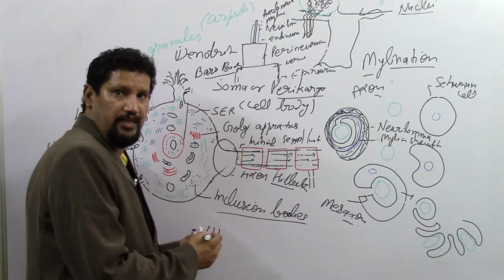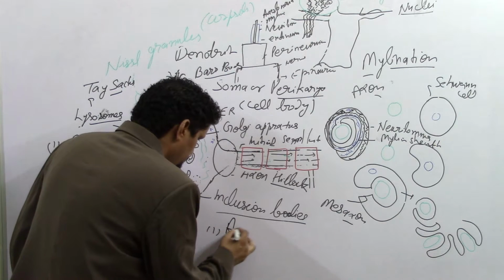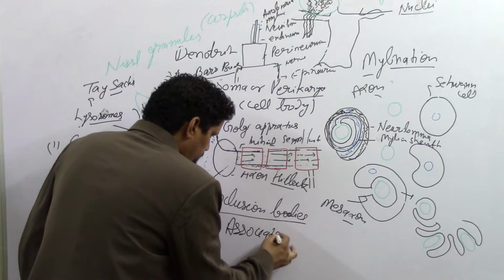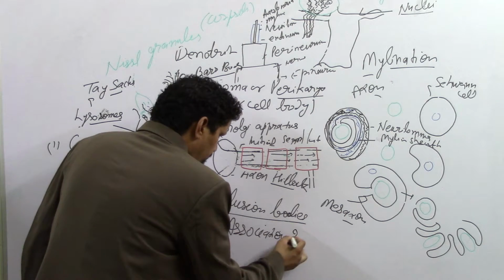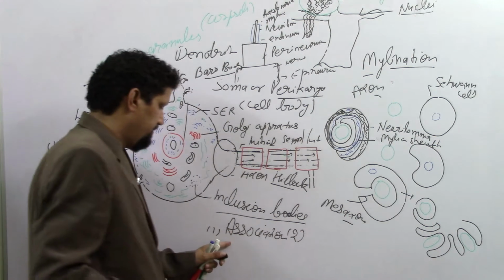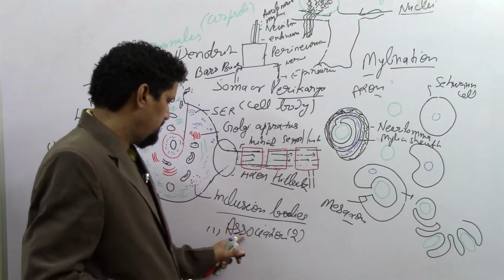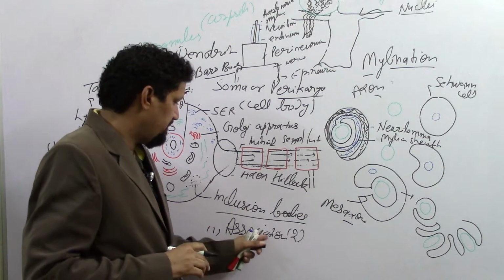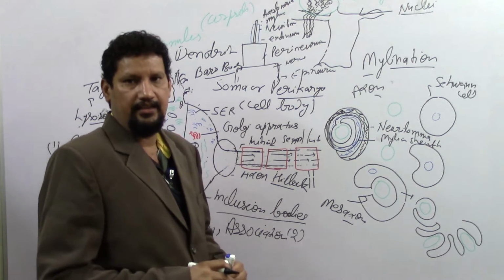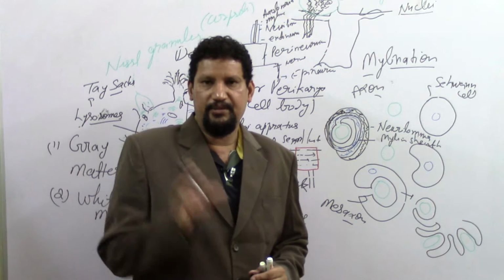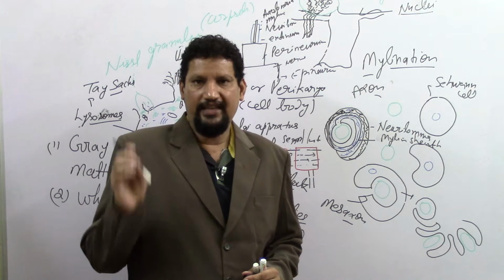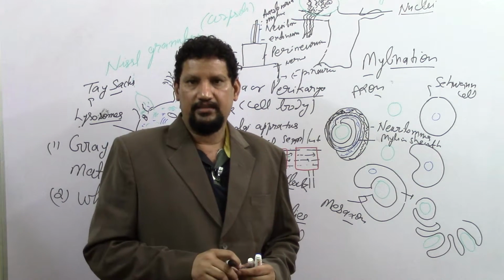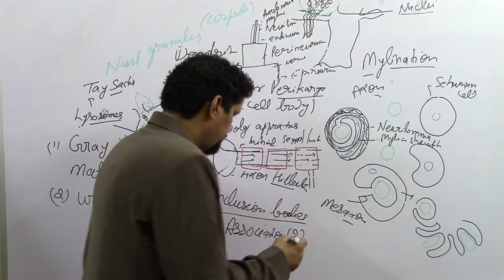These are association fibers: when these connect the same cerebral hemisphere, they are known as cerebral association fibers. When these connect the right and left part of the brain, mainly the right and left cerebral hemisphere, these are known as commissure fibers.